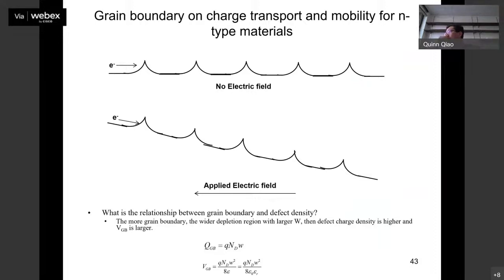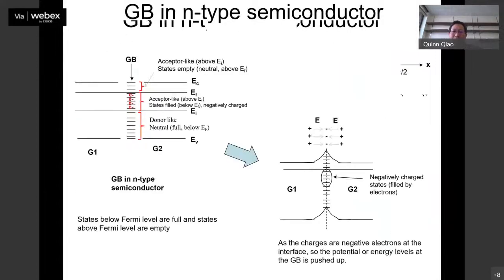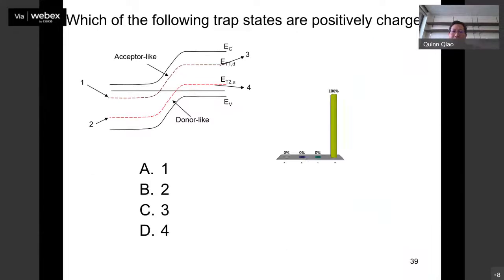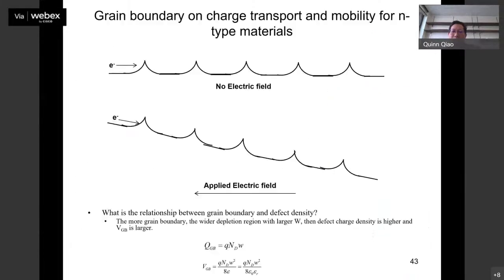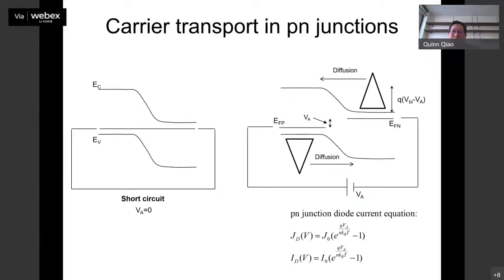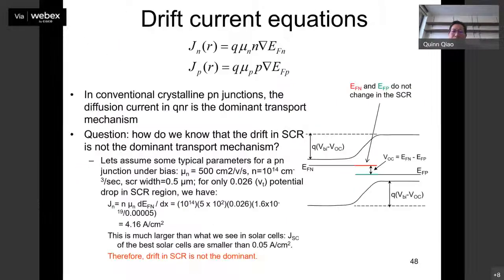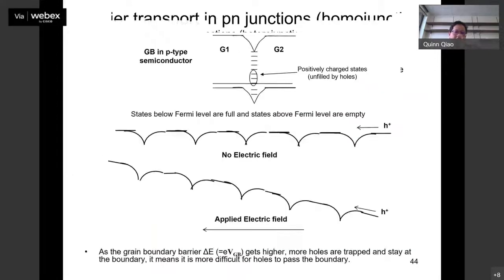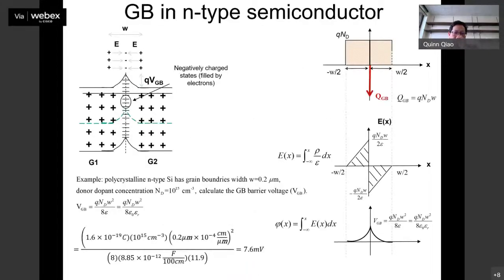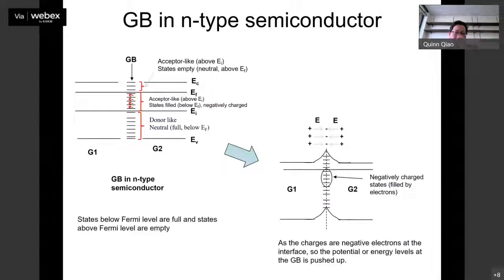So you talk about applying a bias. Then the bending would be offset. You talk about the junction, right? Just a second. Which one did I talk about the bias?